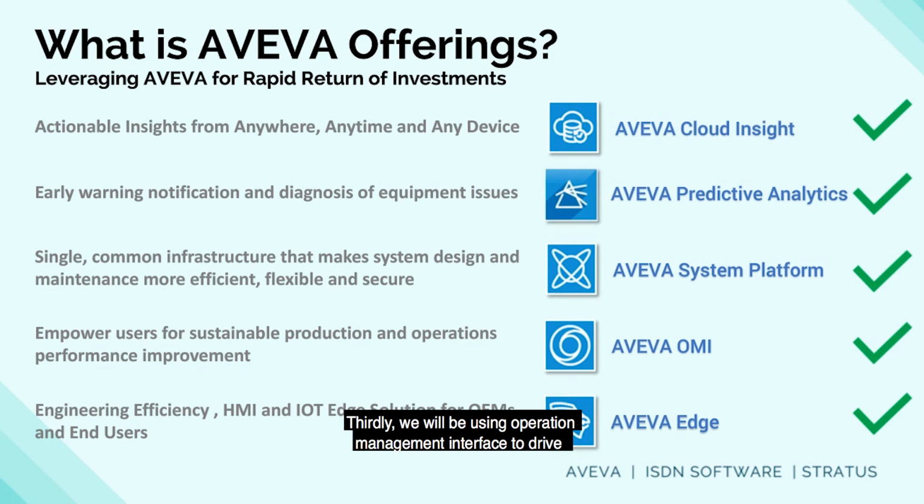Thirdly, we will be using the operation management interface to drive powerful visualization to empower operation management. Fourthly, using Aviva Predictive Management to provide advanced analysis capability to help improve asset performance. Last but not least, using Aviva Insight to enable collaboration across enterprises.